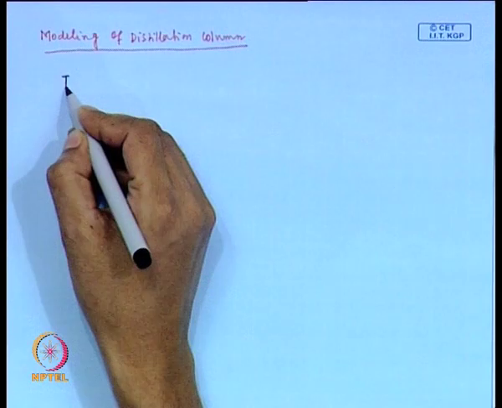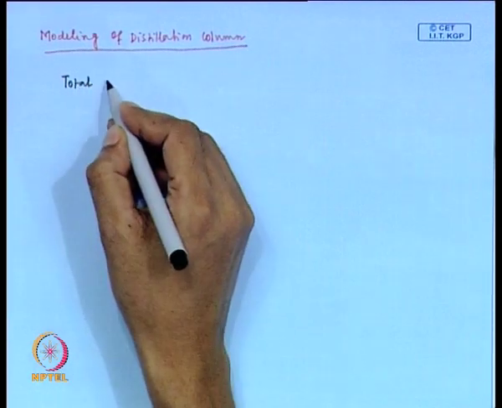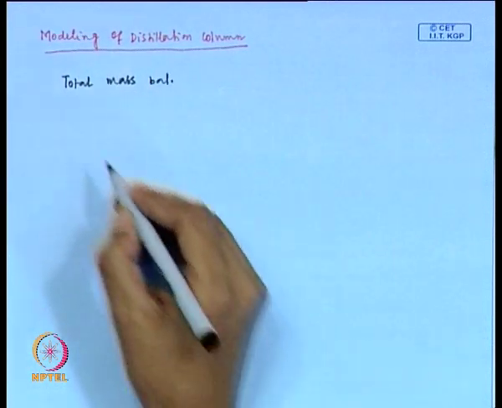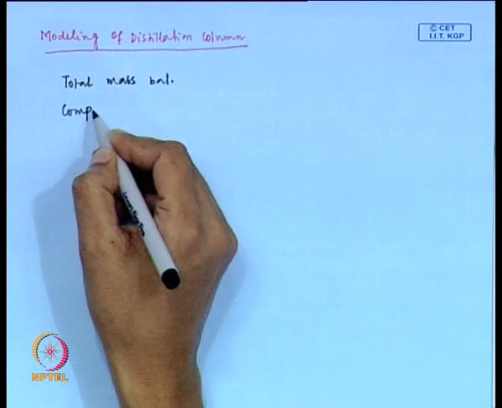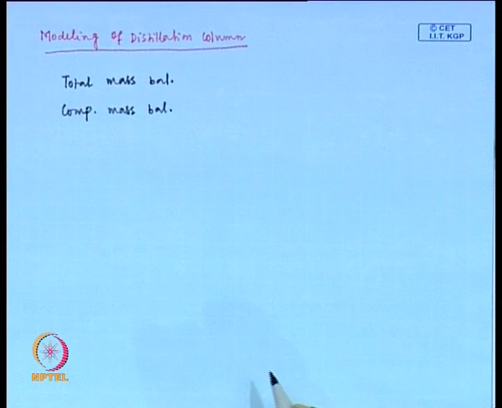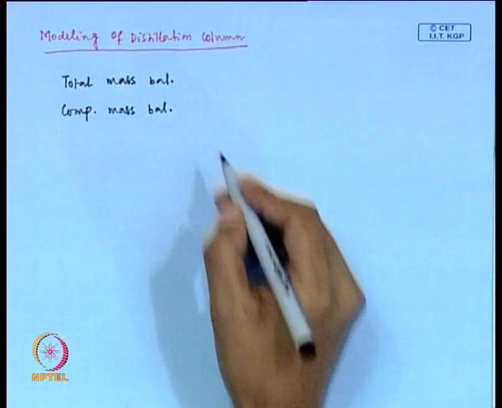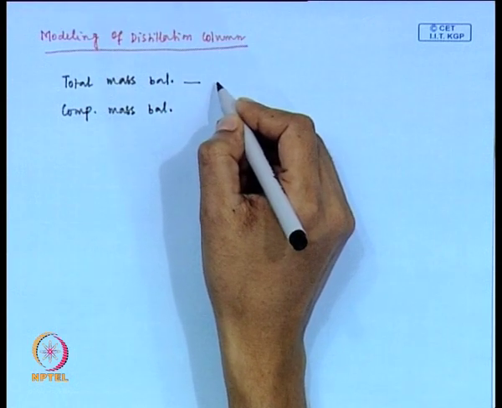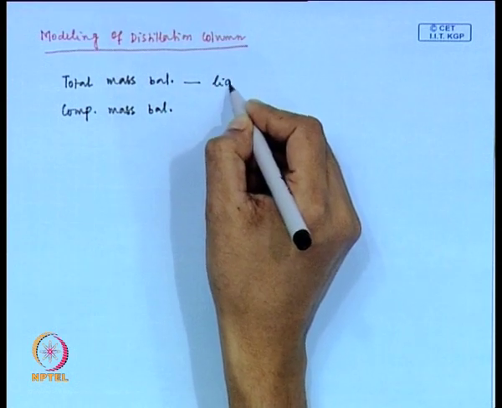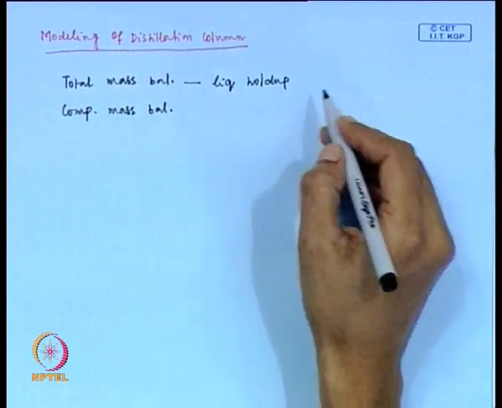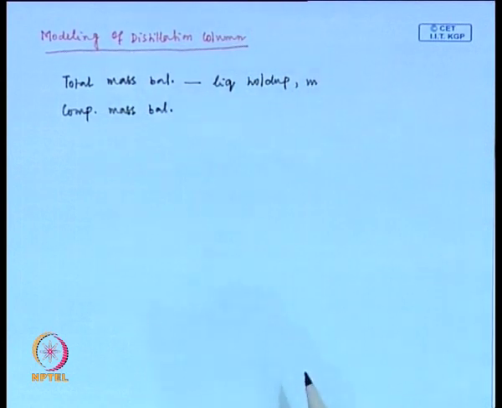mass balance equations. I mean, first we have derived total mass balance equation along with the component mass balance equation. Fine. Now, we have mentioned that the total mass balance equation is used to calculate liquid hold up, represented by m.